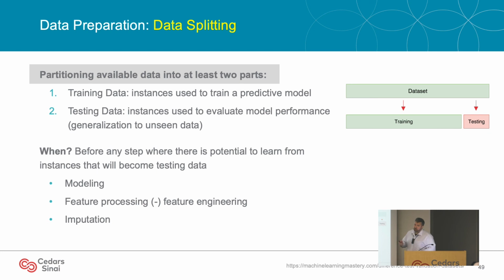So do it certainly before modeling, but also do it before feature processing. Any kind of feature processing you do, you potentially have the opportunity for information to leak into your training data set from your testing data set. Maybe with the exclusion of feature engineering, where you're going to use your own domain experience to create new features, and you're not actually learning from the data directly.